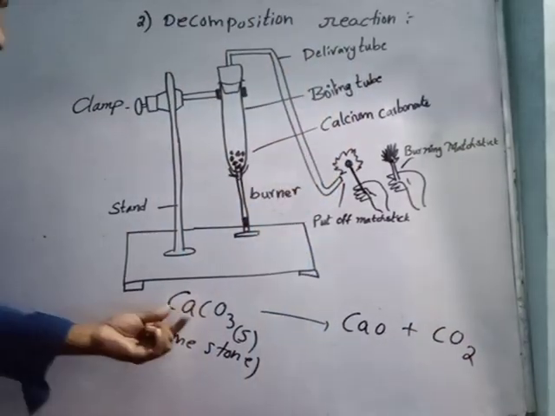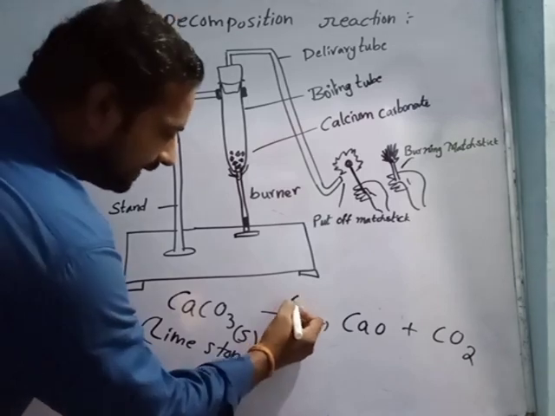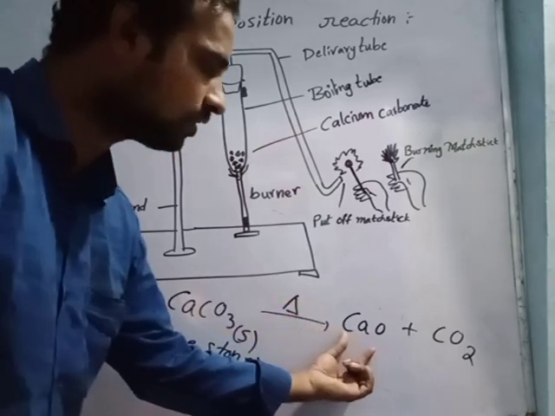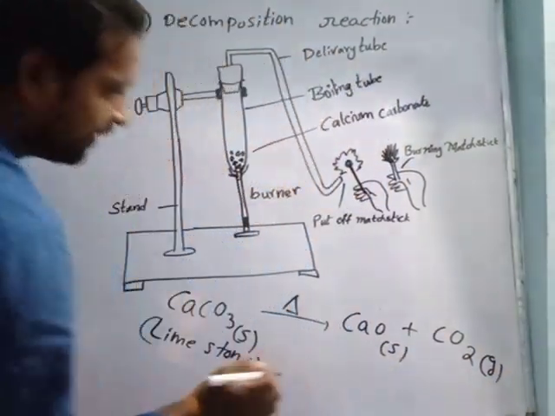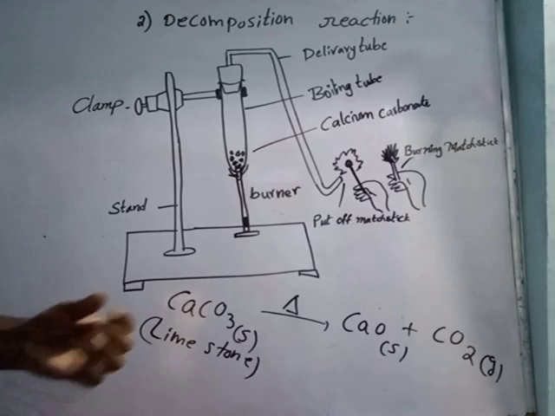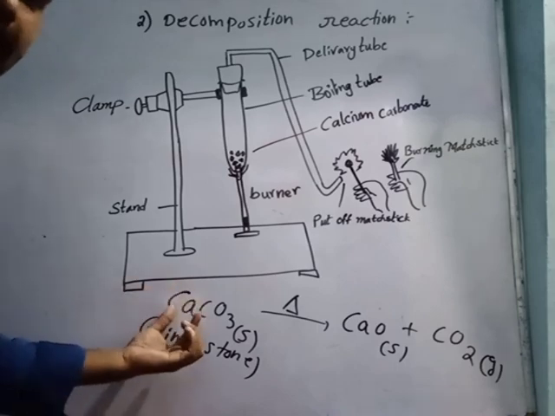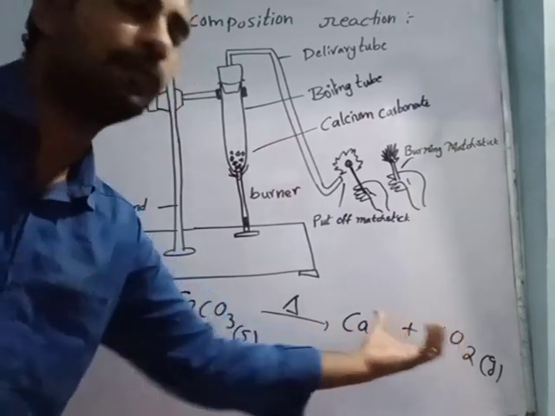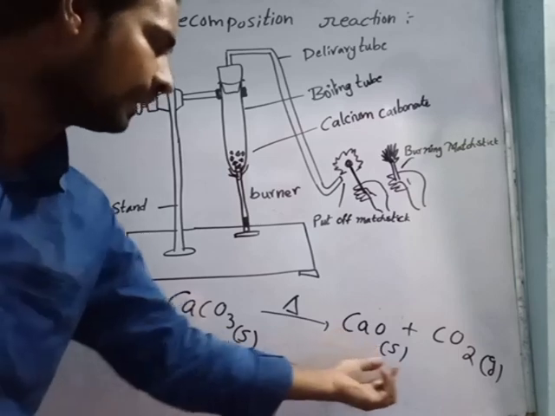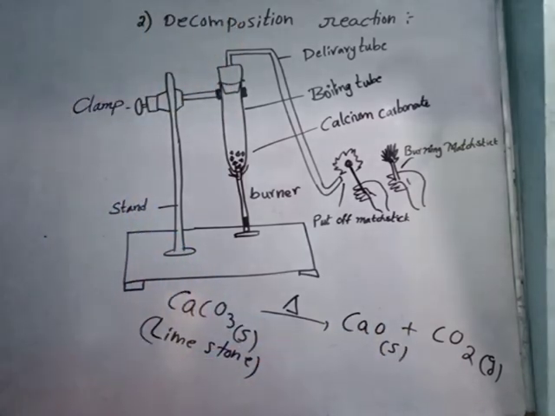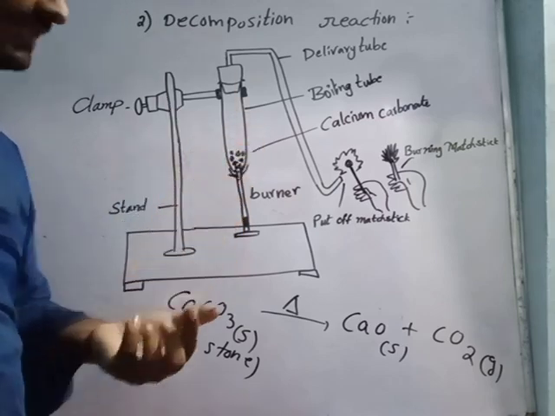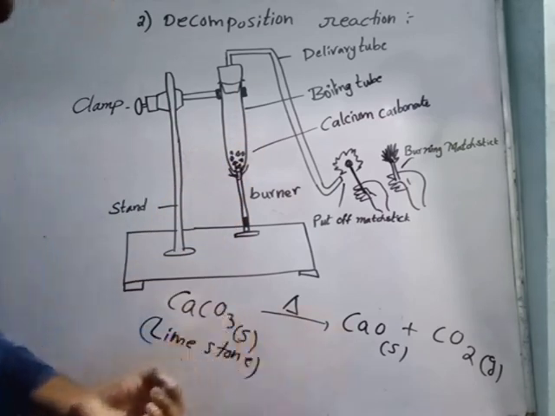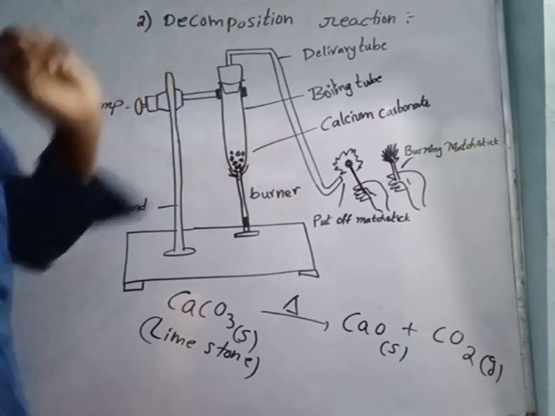Clear? Calcium carbonate is heated to give calcium oxide and carbon dioxide gas, solid and solid. Here you only take one single compound. It is divided into two or more compounds, here calcium oxide and carbon dioxide. A single compound decomposes into two or more substances. That type of equation is called decomposition reaction.